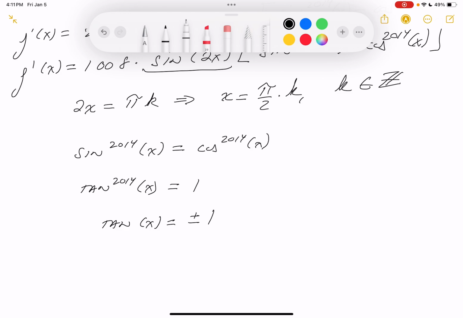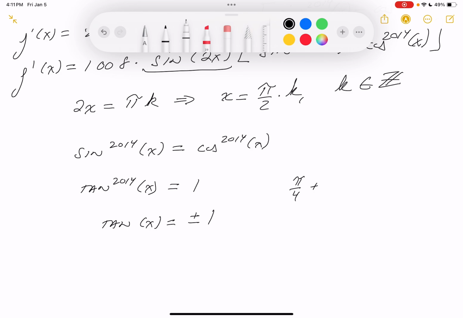I got to think about this. Well, I'm going to get pi over 4 certainly.